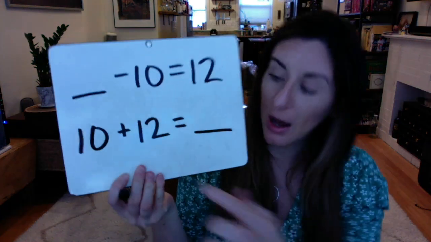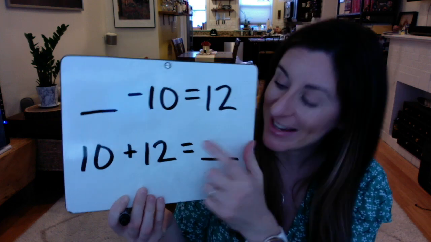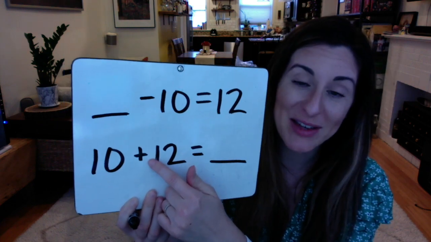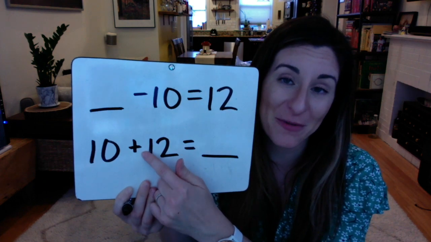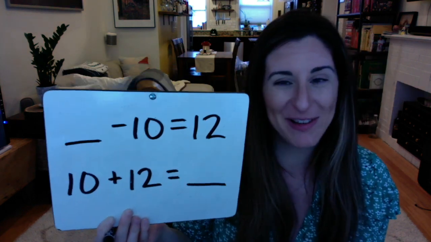What I mean by that is I'm going to take both of those numbers and put them on this side of the equal sign. I had to flip the sign too because this is another sentence in that fact family, right? So this would say 10 plus 12 equals, all right, I don't know what 10 plus 12 is, but I know how to find it.